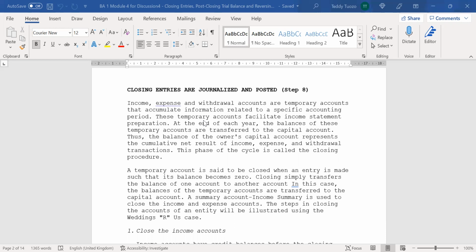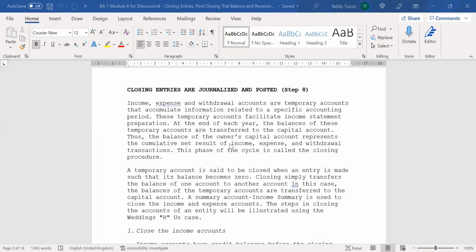So the real accounts, or the statement of financial position accounts, are also termed permanent accounts, while the income, expense, withdrawal, and income summary accounts are temporary accounts. These temporary accounts facilitate income statement preparation at the end of each year. The balances of these temporary accounts are transferred to the capital account.